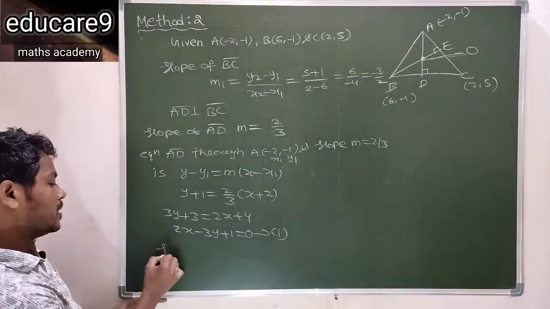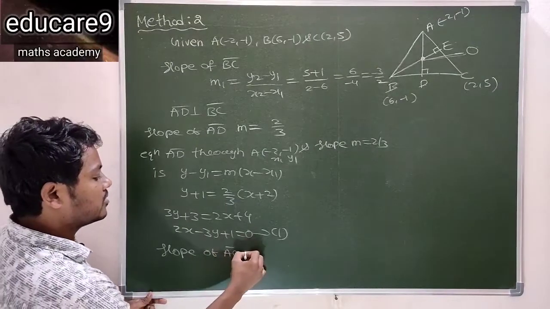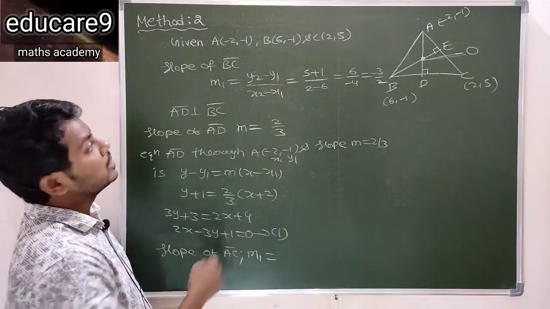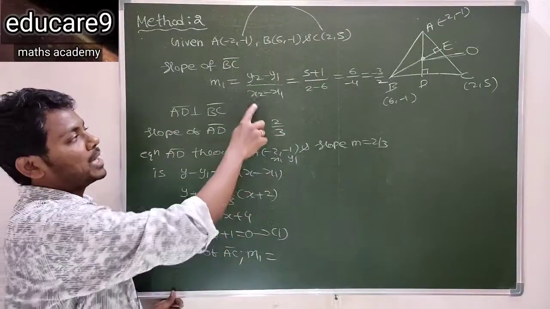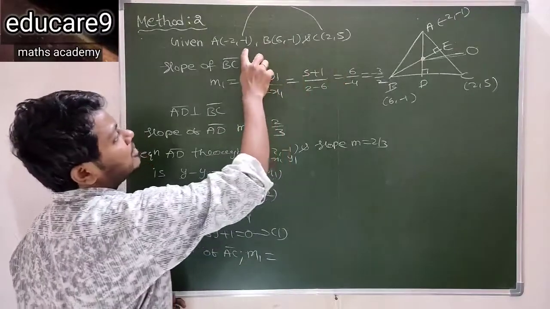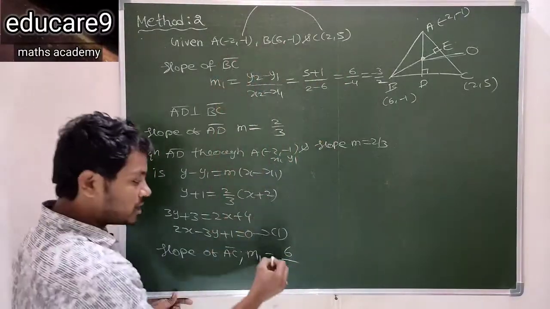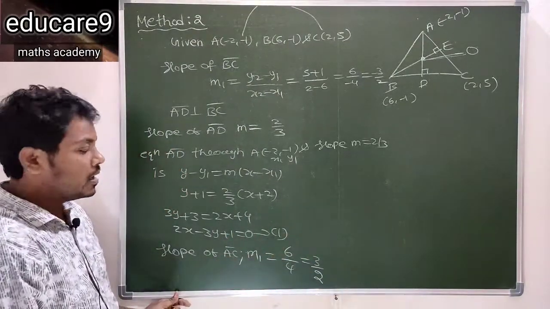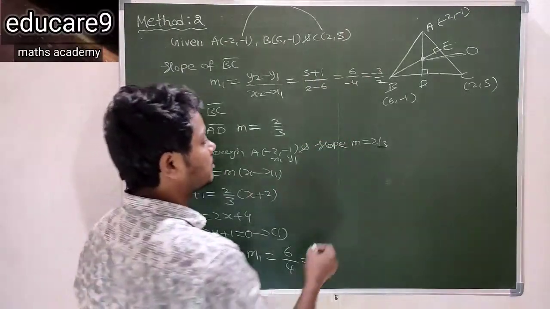Now similarly you can find the slope of AC. See here, slope of AC. So what is that? M1 is equal to. Take these 2 points for finding the slope. Apply the same formula, y2 minus y1, so 5 plus 1, 6, x2 minus x1, 2 plus 2, 4. You will get 3 by 2. Now BE is perpendicular to AC.